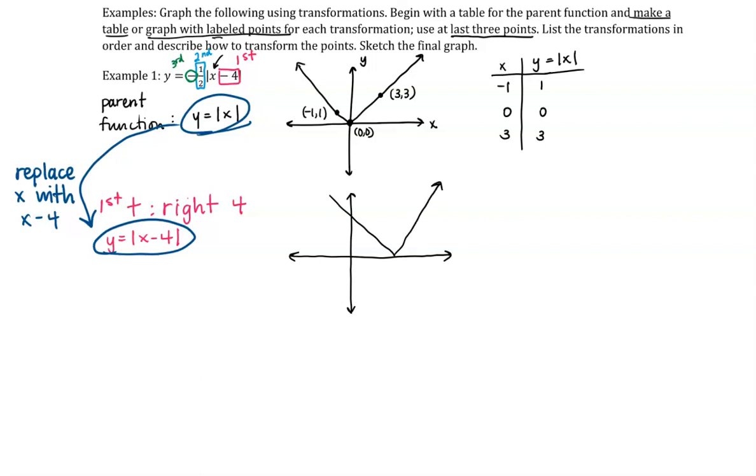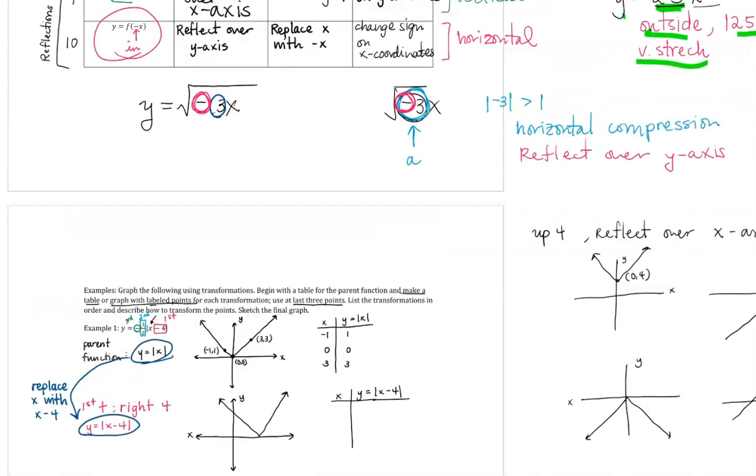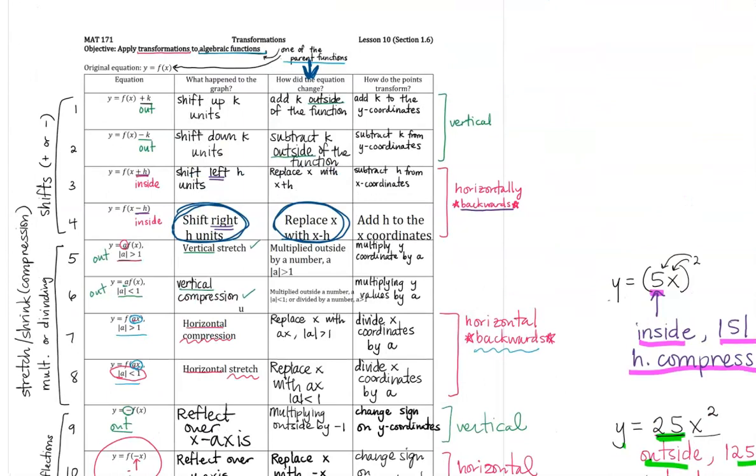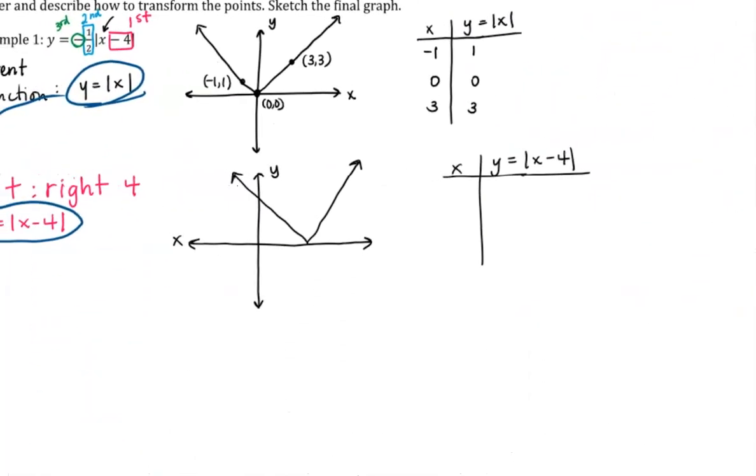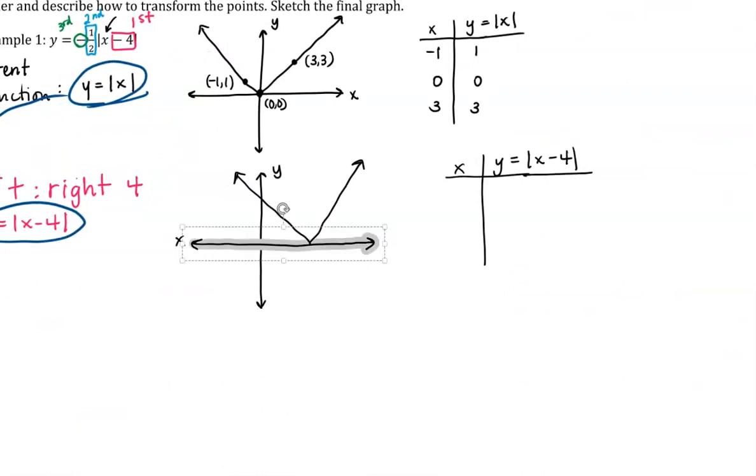We're going to track where our points went on the new graph. We'll also make a new table based off those points. This table will now be for the absolute value of x minus 4. We know that moving right 4, we need to be adding 4 to our x coordinates. So instead of the point -1, 1, we are now at the point 3, 1.